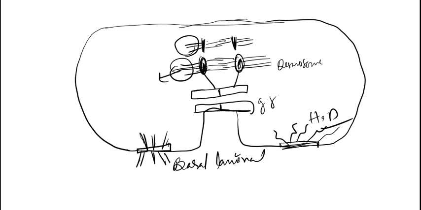Now this is focal adhesions. These are hemidesmosomes, gap junctions, desmosomes, and these are adherens junctions. And here I will show you one more type, that is tight junctions. Okay, enough of it.